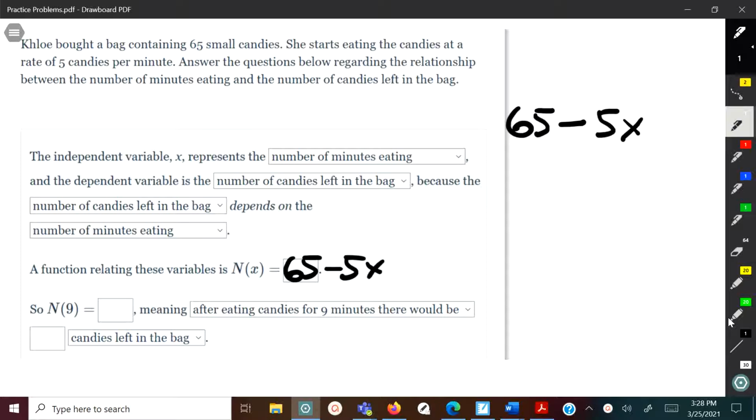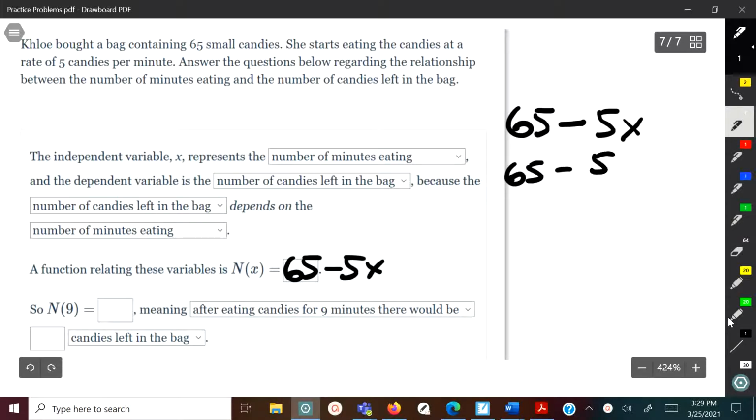Then they give us n of 9. So 9 is the number of minutes that has gone by. It's the independent variable there. We're going to plug in 9 to figure out how much candy is in the bag after 9 minutes.